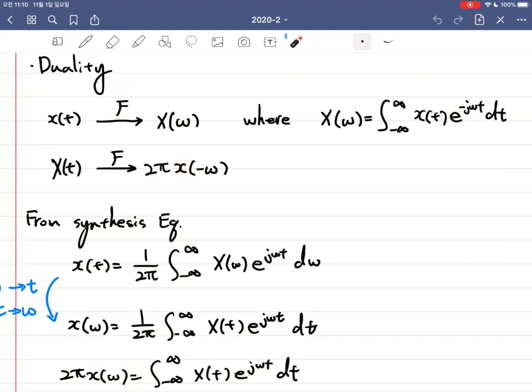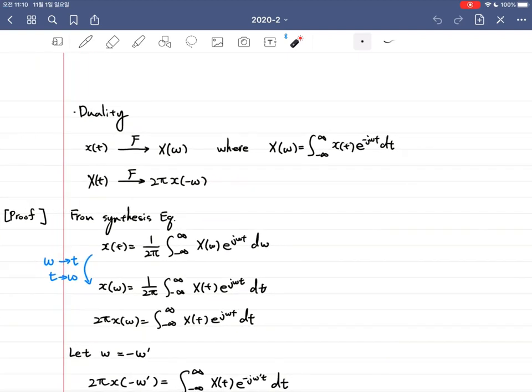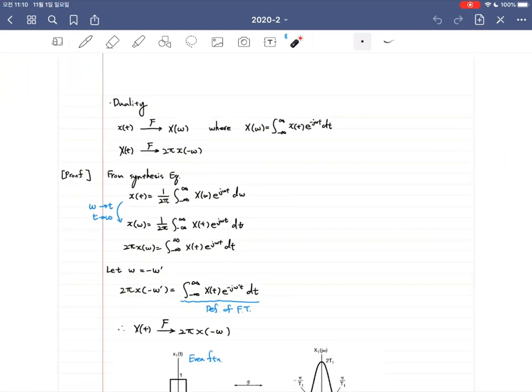Of course, you have to multiply by 2 pi, and you have to reverse the omega axis. However, the important thing is that you get the original function. And we are already familiar with the first one, so I just did the proof for the second one by exchanging the parameters like this and like this.